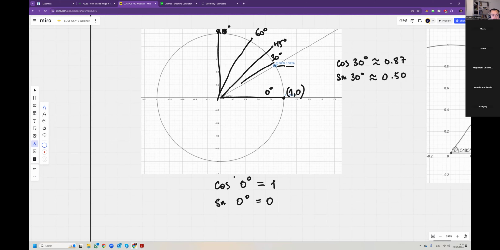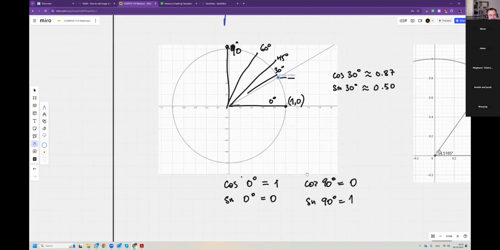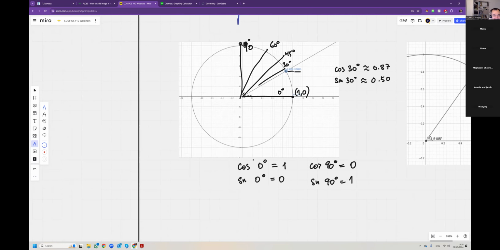Now, for 90 degrees, cos 90, you can immediately say, just looking at the circle, it is 0. And sine 90 is 1. Okay, we can go further. What about 180? 180 is this angle. Why not find cos 180 and sine 180? So what's cos 180?